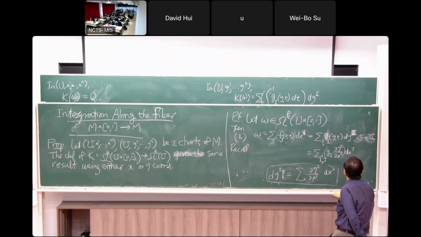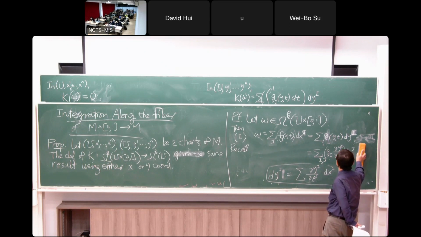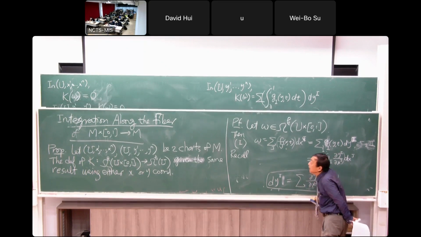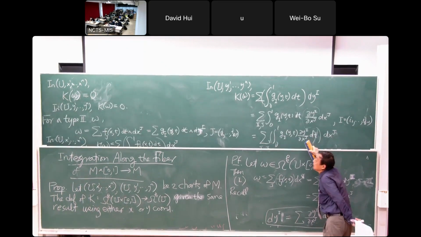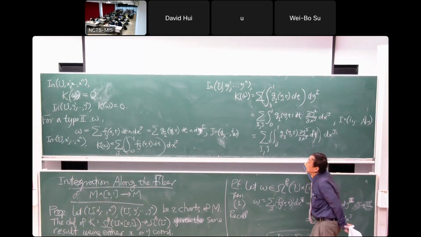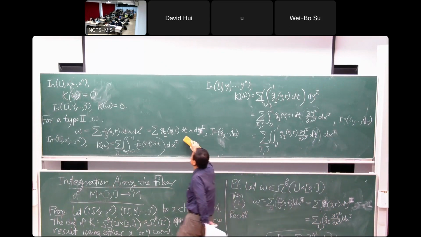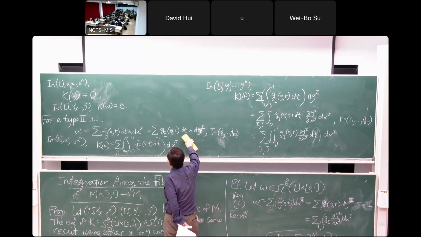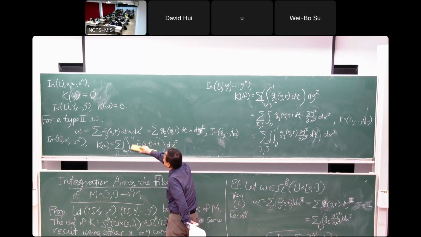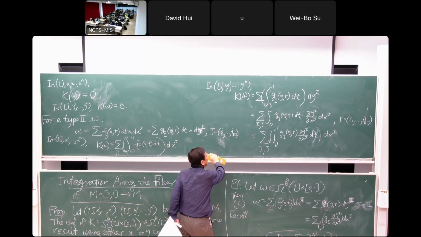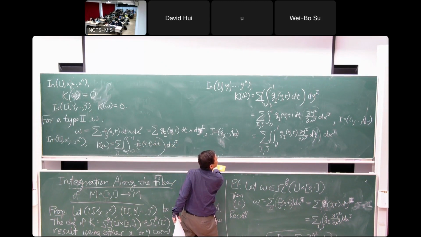Oh, sorry, yeah. We should go to type 2, right? Where's type 2? Yeah. Okay, it's over here. Good. I want to relate the coefficients. Let me see.